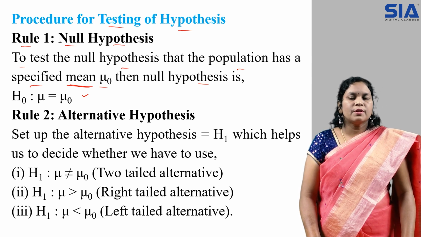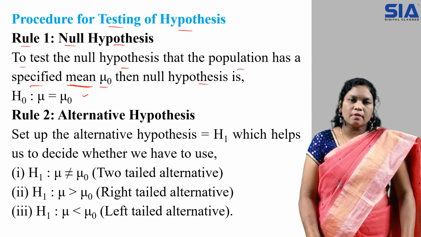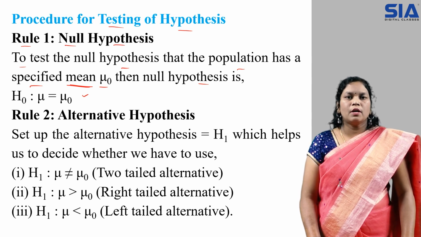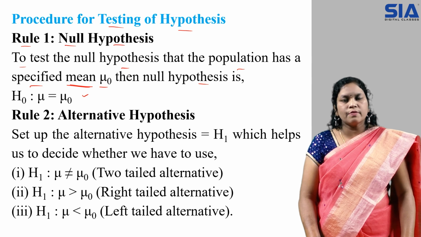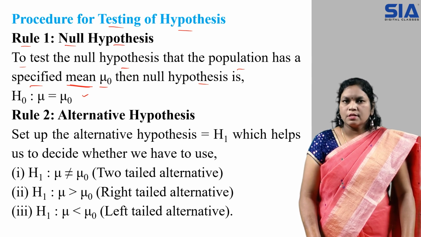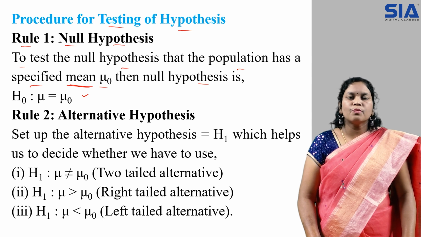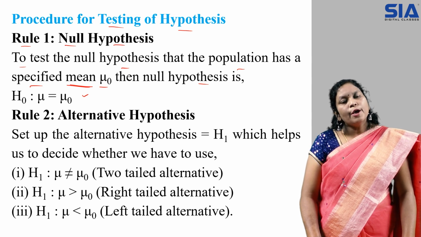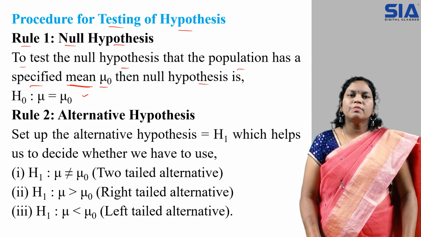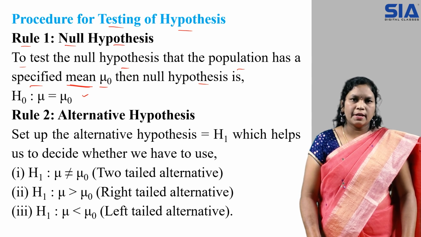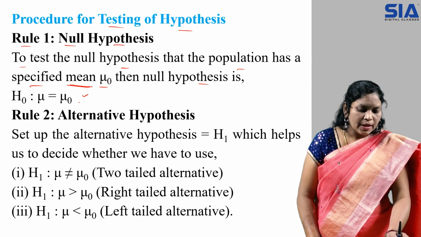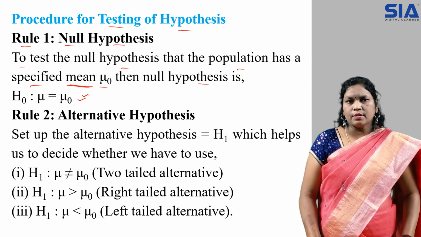If it is related to mean, we'll write mean values, or if it is population proportions or standard deviations, based on the question we'll proceed with the null hypothesis notations. So this is just a procedure of how to proceed. What we are considering here is mean values. Population mean notation, mu we know, so mu we are considering, and H naught for null hypothesis. So H naught: mu is equal to mu naught is your null hypothesis, right?